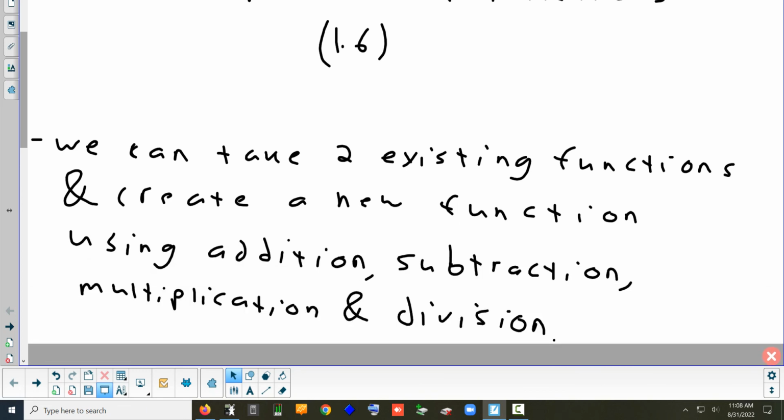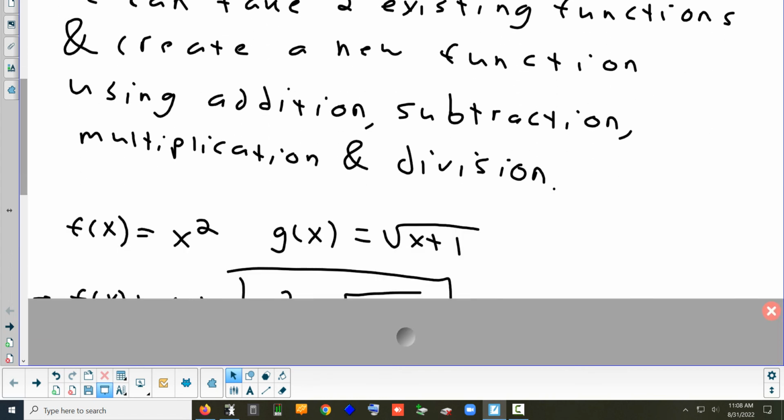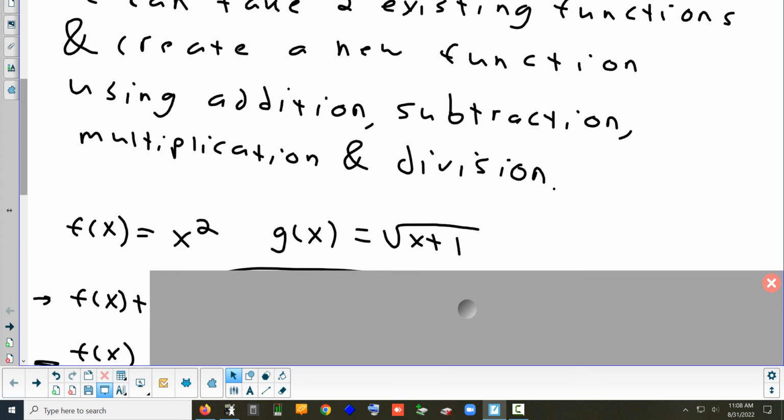So the idea we're going to look at first is taking 2 functions that are given to you, maybe one will be f of x, one will be g of x, and combining them together to make a new one. Let's start with these 2. f of x is the function x squared, and g of x is the function square root of x plus 1.